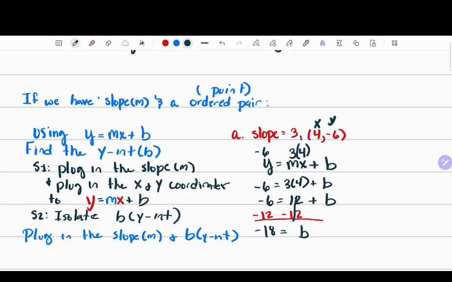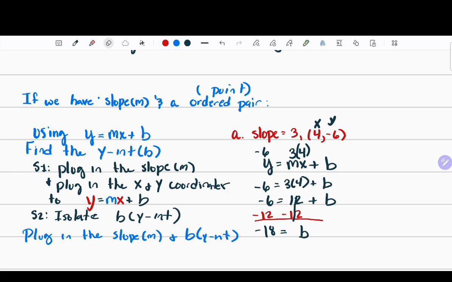So now that we have the b, we have found the y-intercept. The last step is plug in the slope and the b into y equals mx plus b.